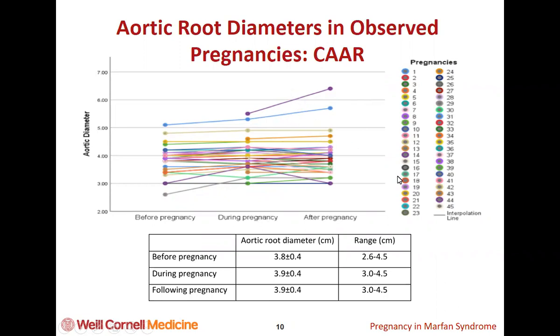If we exclude the 4 pregnancies in women with roots over 45 millimeters, which were unsanctioned, if you will, you can see in the graph and in the table below that there was overall very little growth, including in the 40 to 45 millimeter range. Therefore, I think our data support the safety of the European recommendations, and I hope we can work together to revise the US consensus statements.